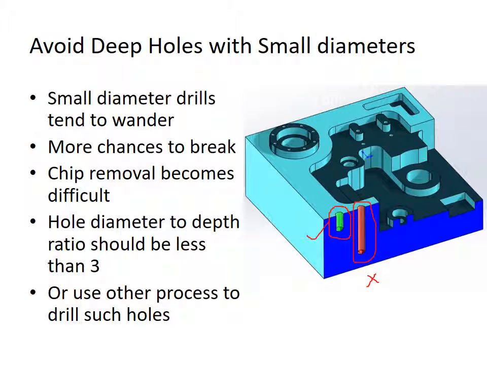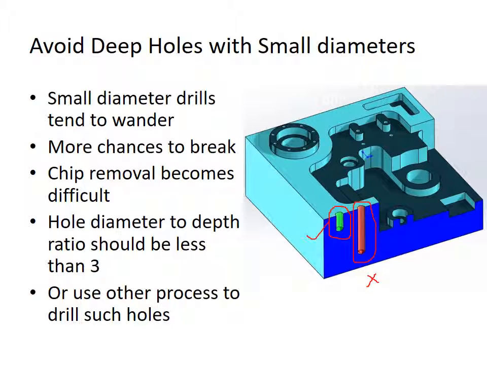Deep holes with small diameter should also be avoided because drills with small diameters are less stress resistant and hence tend to wander, which may lead to breakage of the tool or an imperfect hole.